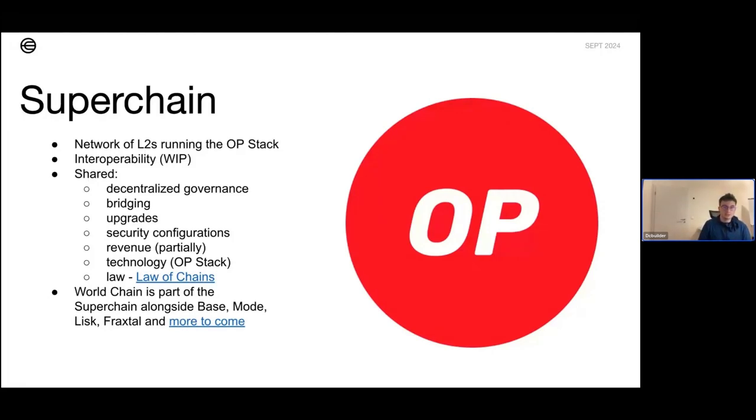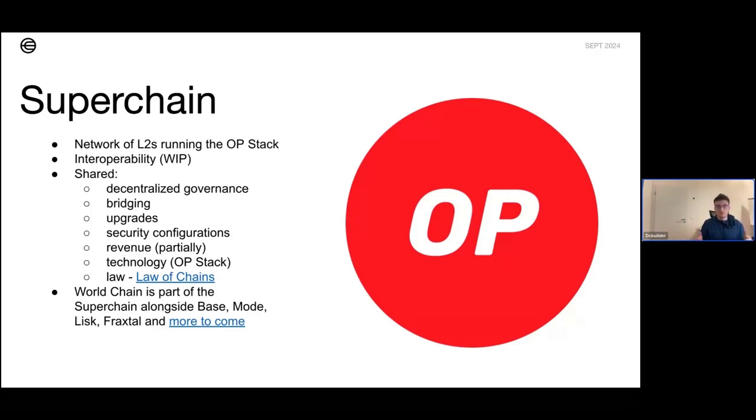But yeah, the Superchain is a core part of the Optimism ecosystem. And what it means is a network of L2s running the OPStack. That is essentially what the Superchain is. The reason why we call it a Superchain and not just a network of L2s running the OPStack is that they're interoperable with one another.